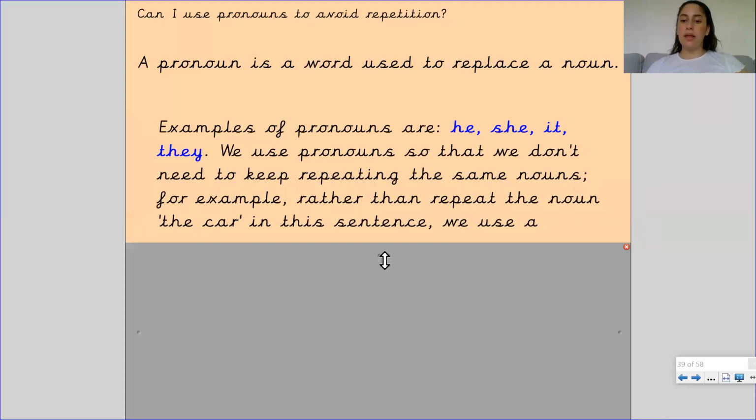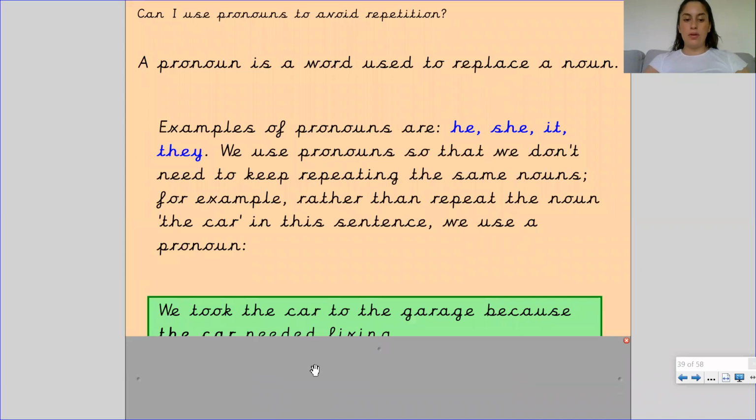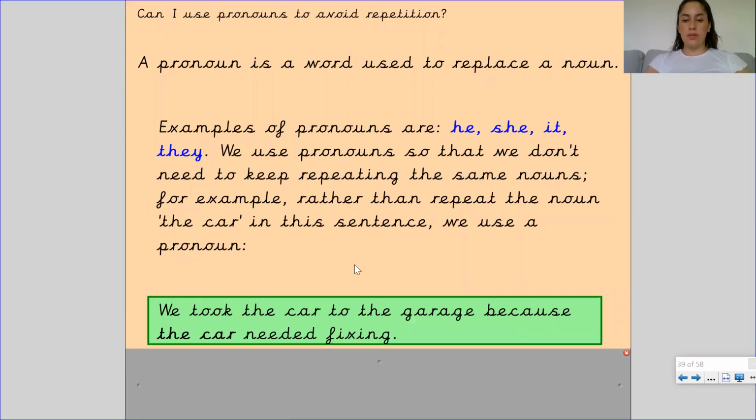For example, rather than repeat the noun the car in this sentence, we use a pronoun. And let's have a look at the sentence. So I want you to have a go at doing this yourself first. We took the car to the garage because the car needed fixing.